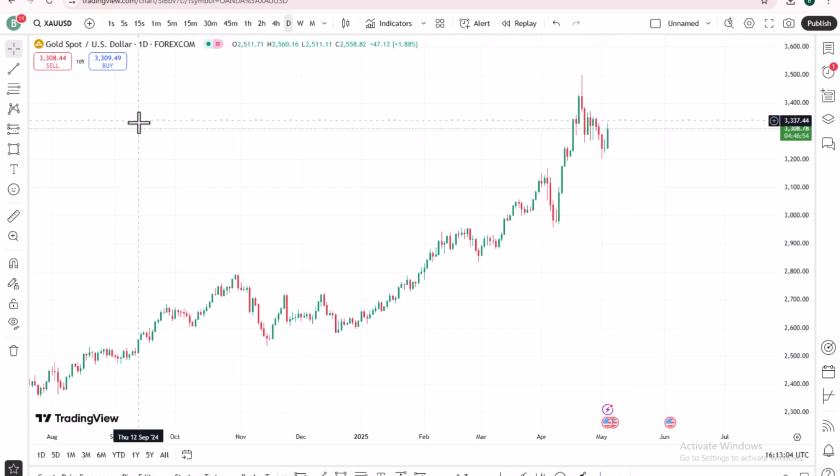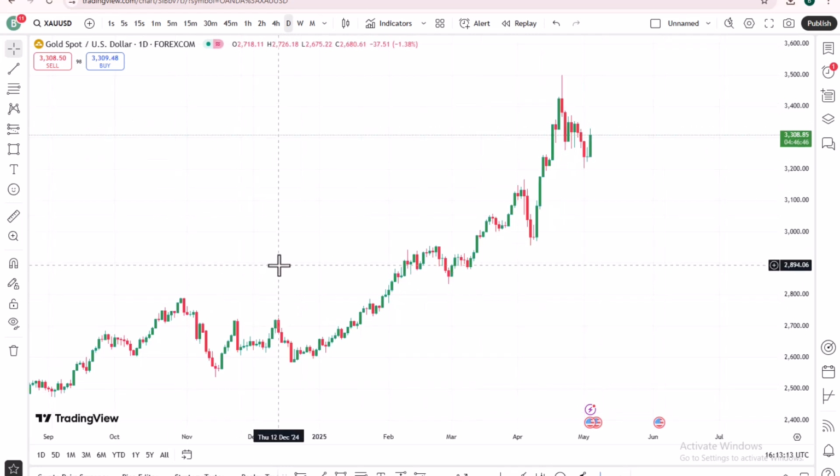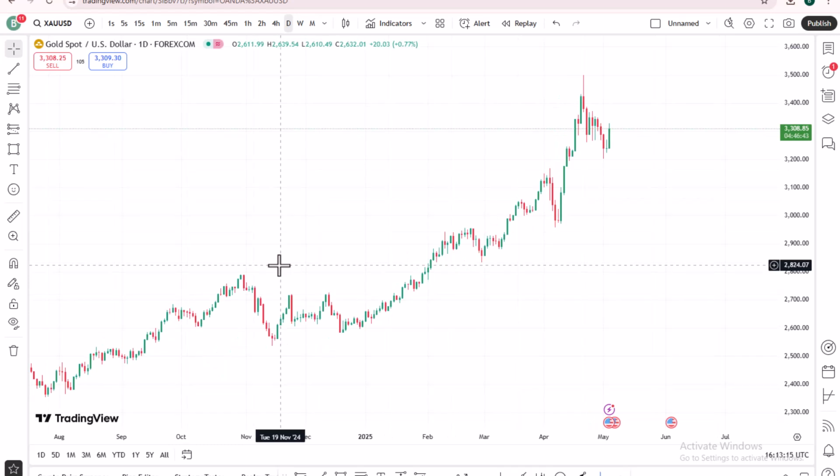That was the pair that I used to trade, but I switched to trading gold about 6 months to a year ago. The reason I switched was because GBP USD was not quite volatile.